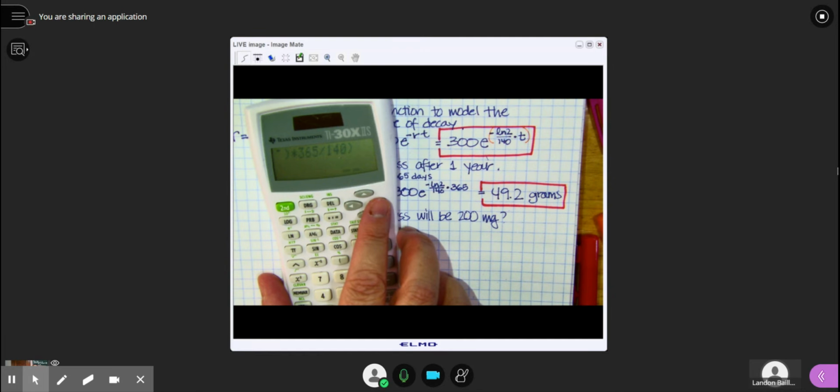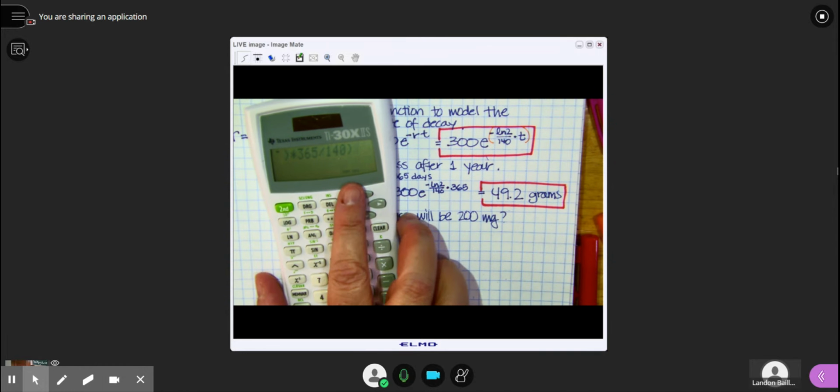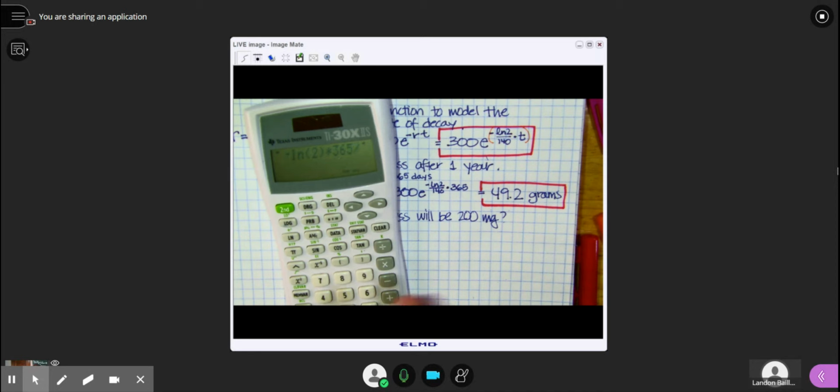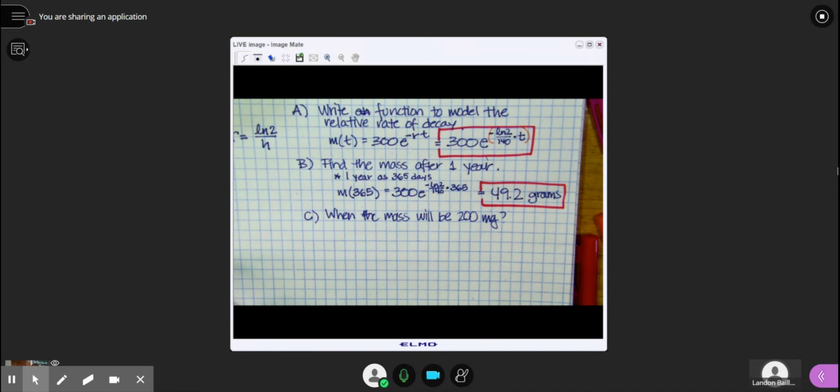Oh, you didn't close your parentheses after your ln 2, did you? Okay. All right. So there we go.